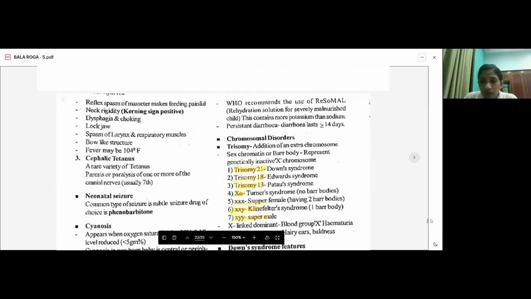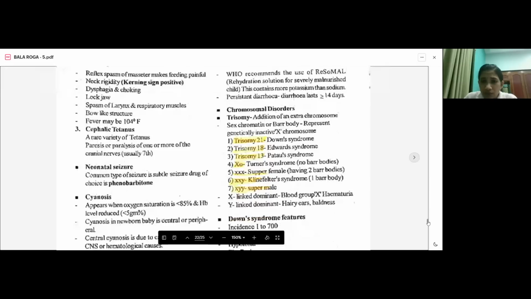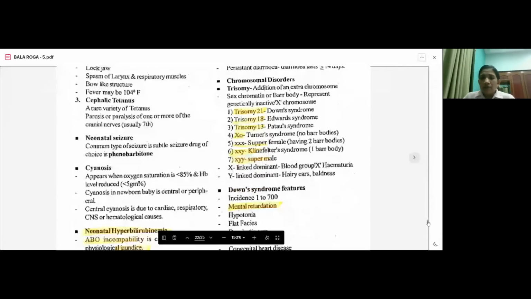So you have already studied these chromosomal disorders. Trisomy 21 is known as Down syndrome. Very important. Trisomy 21 is Down syndrome. And trisomy 18 is known as Edwards syndrome. And trisomy 13 is Patau syndrome. So these are very important.